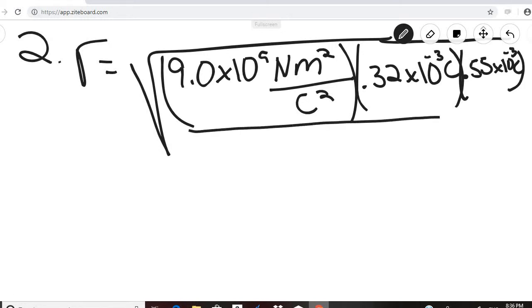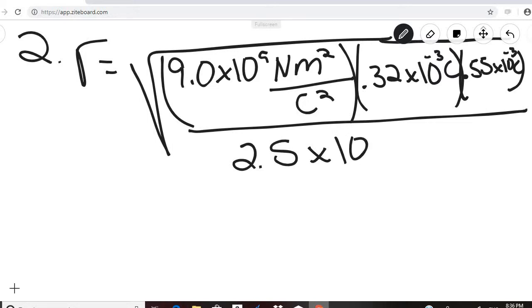And then we will divide that by the force, which was 2.5 times 10 to the 5th newtons. Newtons will cancel, coulombs will cancel. We're left with meters squared, but till we take the square root of that, we'll just get meters.